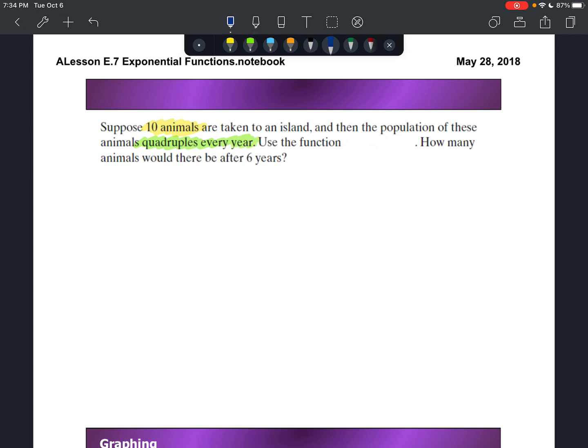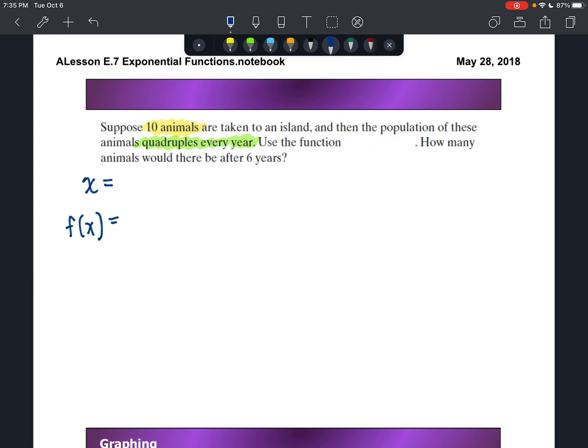Let's start with defining our variables. What does x equal? What does f of x equal? That's our output. Write your function. I know you still have it on your note page. If you printed out the note pages, you've already got it, and then let's look at how many animals there would be after 6 years. So go ahead and press pause, work this out, and come back, and I'll share my answer with you.